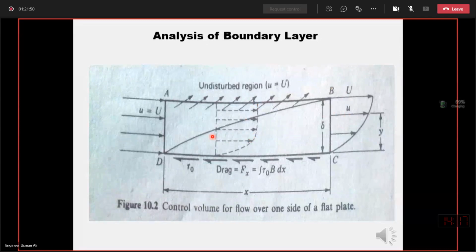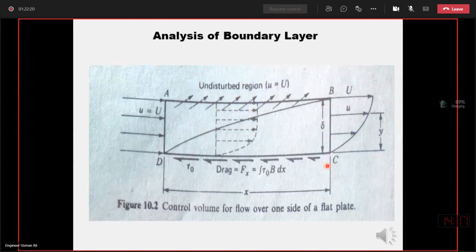Now, this dotted figure is showing you the velocity profile at any distance dx from the leading edge. If you see, the velocity is varying within the boundary layer. At any distance y, the velocity is small u, and it is approaching the undisturbed velocity, and it is equal to the undisturbed velocity at the region outside the boundary layer. Similarly, this is the velocity profile at the trailing edge.